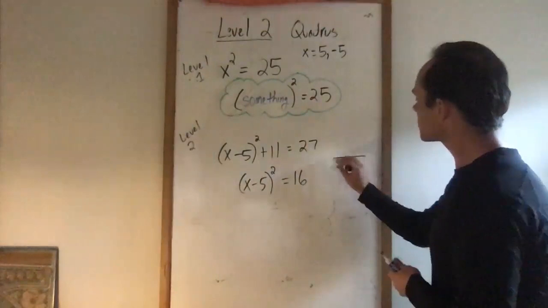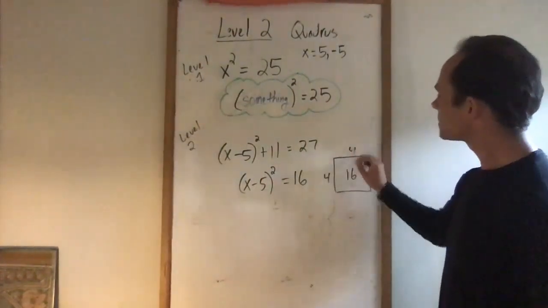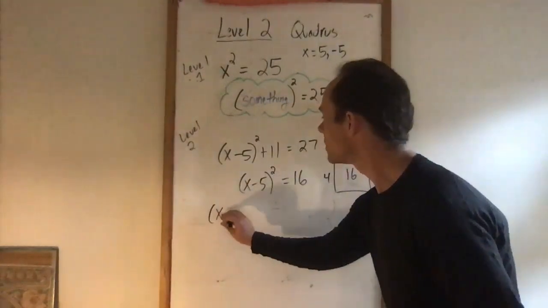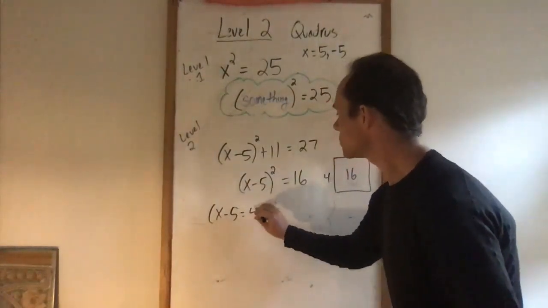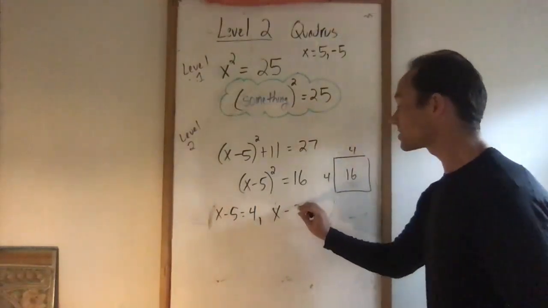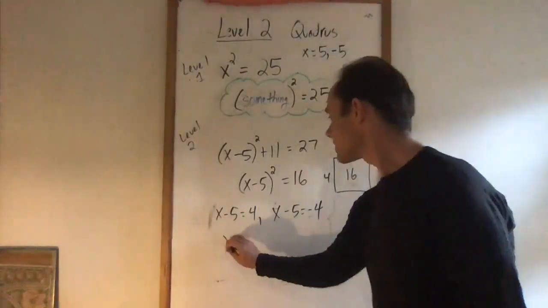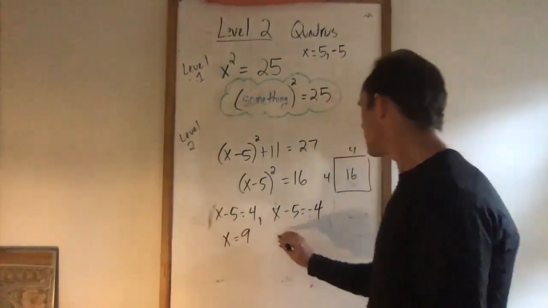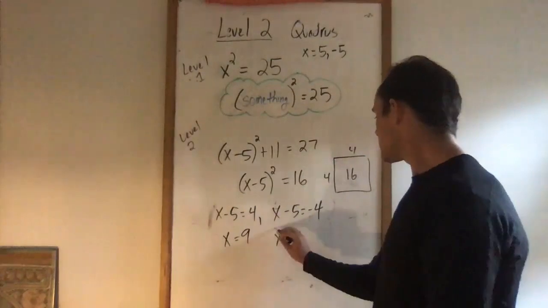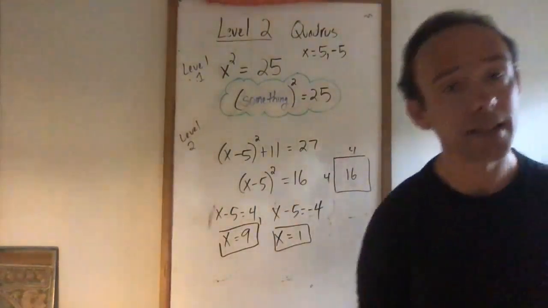Let's build the square. That means it's got to be 4 times 4. That's the beautiful geometric solution. And the also beautiful algebraic solution is that it could also be -4. So let's add 5 to both sides. And there we go.